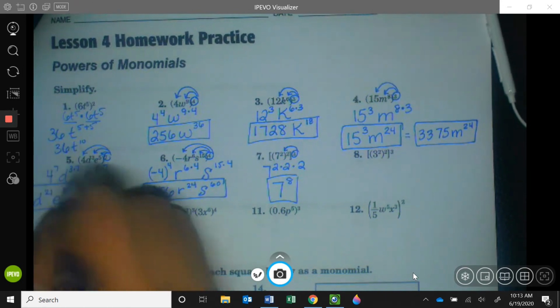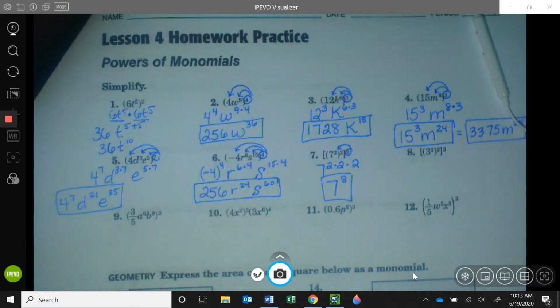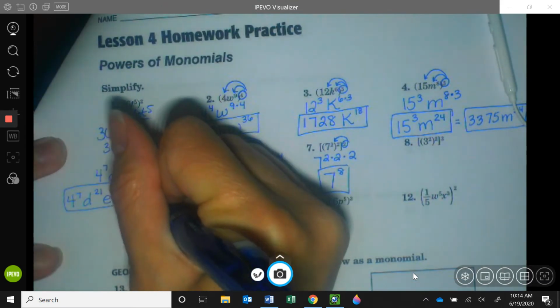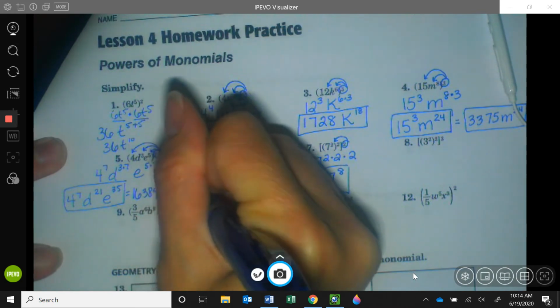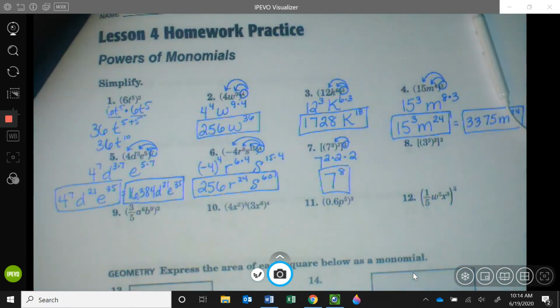That is a perfectly good answer, but you could simplify 4 to the 7th power, which actually equals 16,384, D to the 21st, E to the 35th. Both answers are absolutely correct.